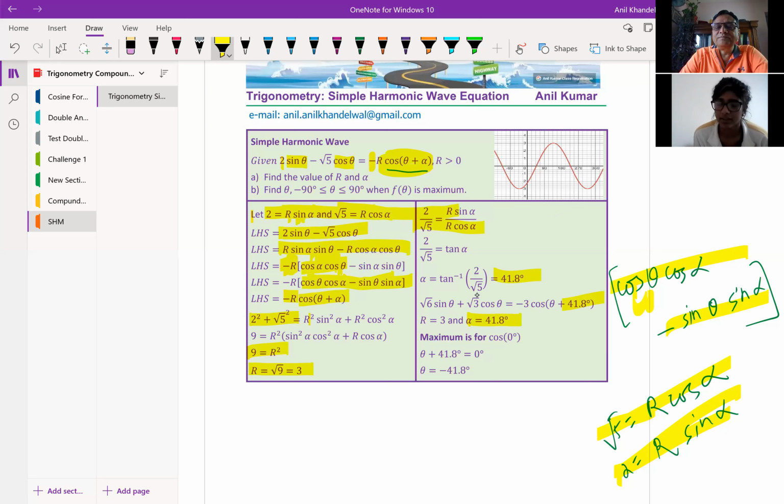And that means the graph is reflected in the x-axis. Reflected here, do you see that? So that is minus because it reflected, correct? So it has an amplitude of 3. Yeah, amplitude of 3, and minus 3 is the... I made a mistake here. Sorry, this question was with minimum.